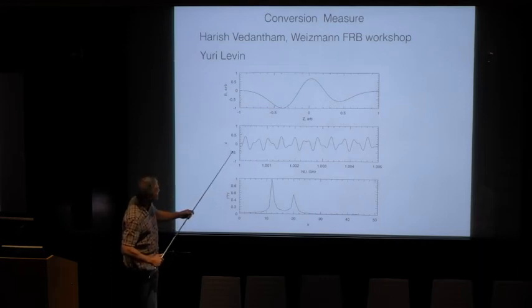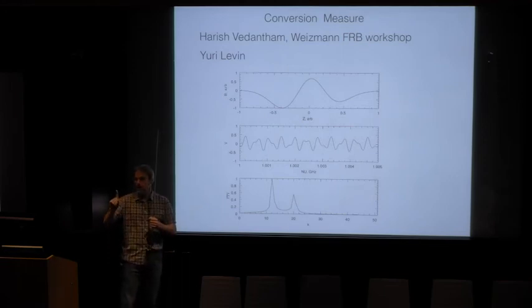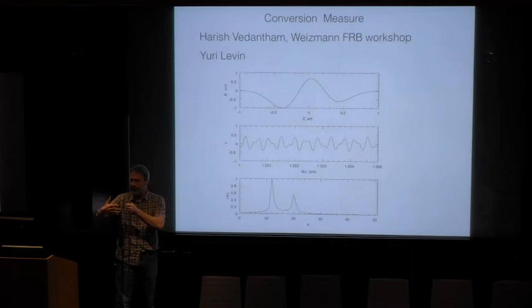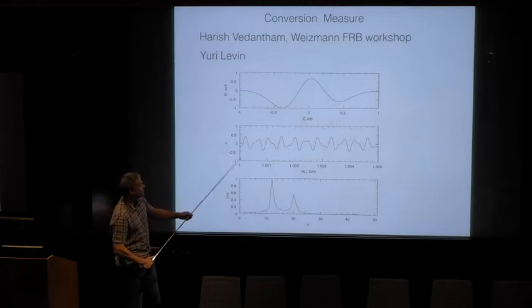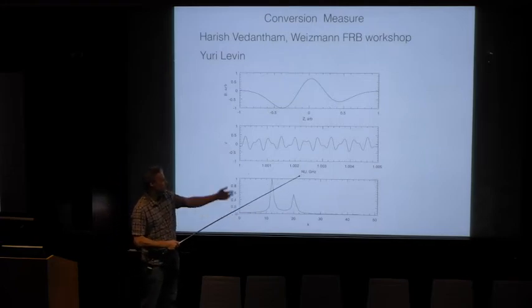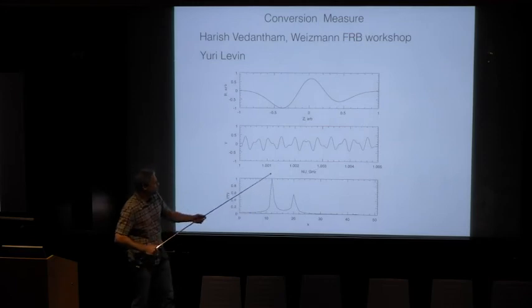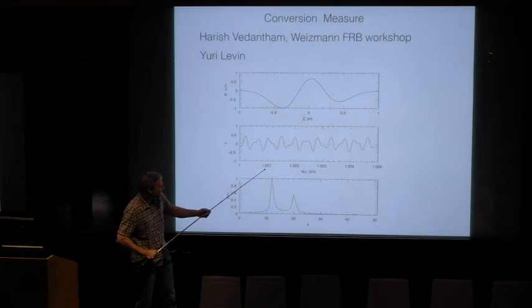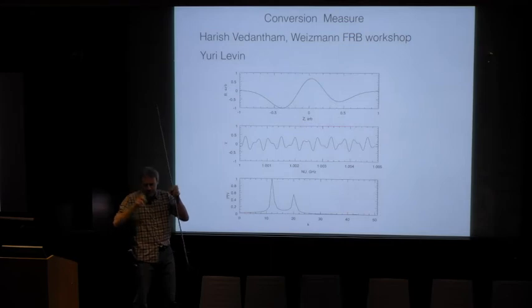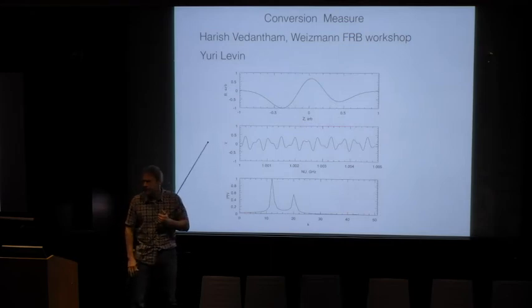As a result, if you illuminate this magneto-ionic environment, as you call it, with linearly polarized waves, the resulting, so here it's shown for a fiducial, I'm not sure it's 1 gigahertz, it can be 500 megahertz or something like that, but these numbers are semi-realistic. So this is a prediction for FRB 121102.